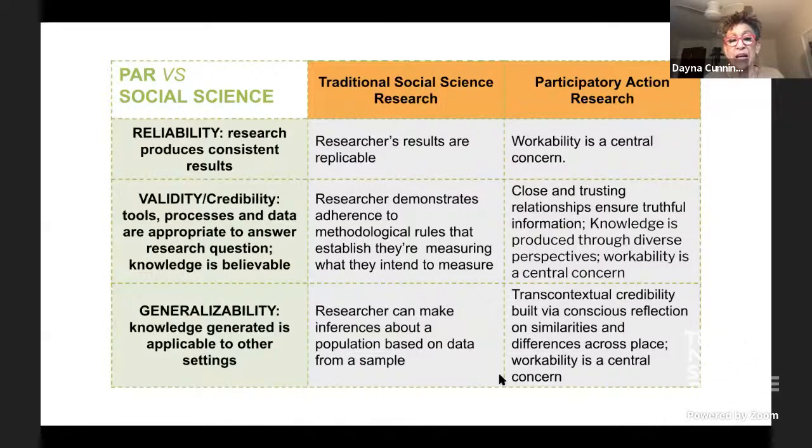And generalizability is not just about inferences based on a huge sample of data, but is through a rigorous process of seeking to apply the findings to other contexts. It requires knowledge and thought about the details of another context so that you can see where the overlaps and the connections are.